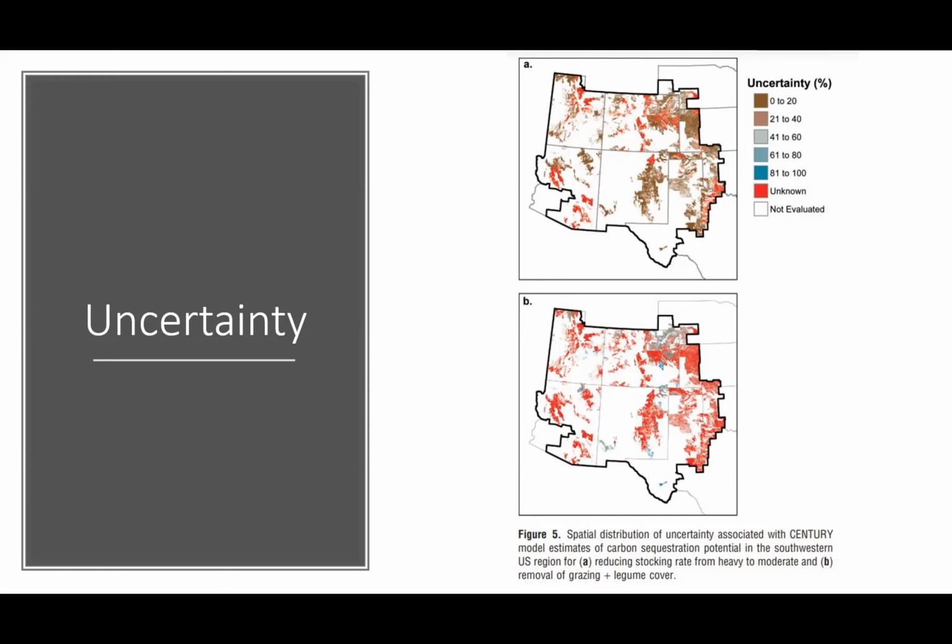That top figure there is the distribution of uncertainty that we came up with using the Century model to estimate carbon sequestration. And the top figure is based on reducing stocking rate. We know a lot about reducing stocking rate.